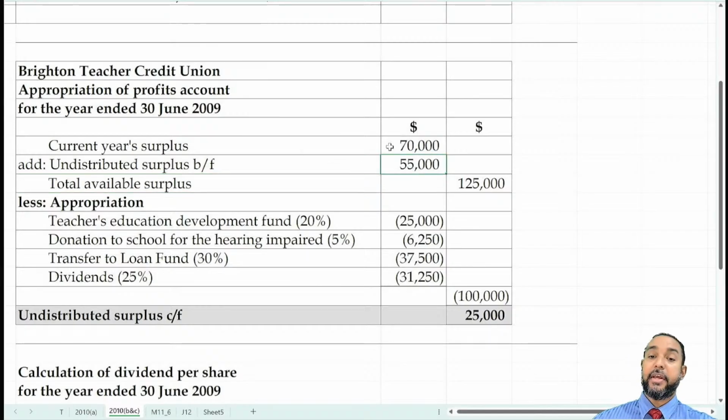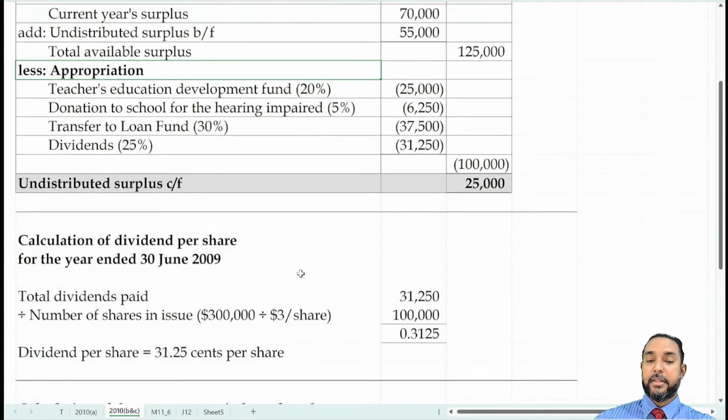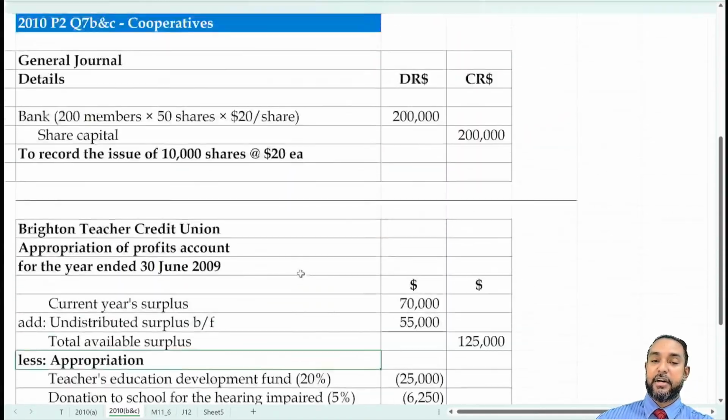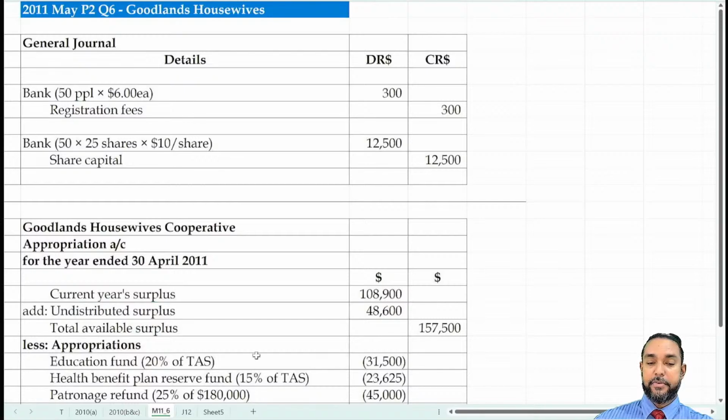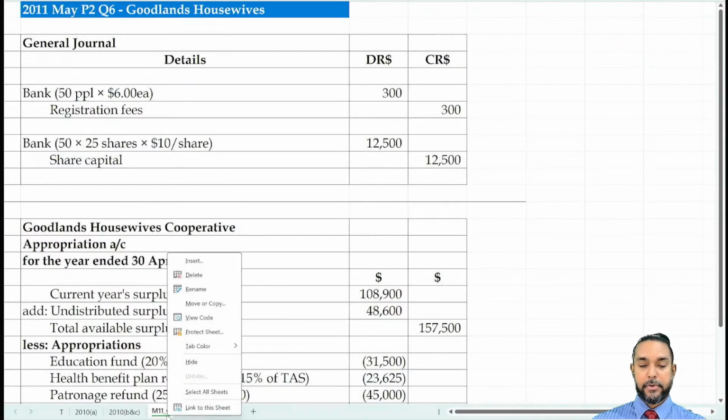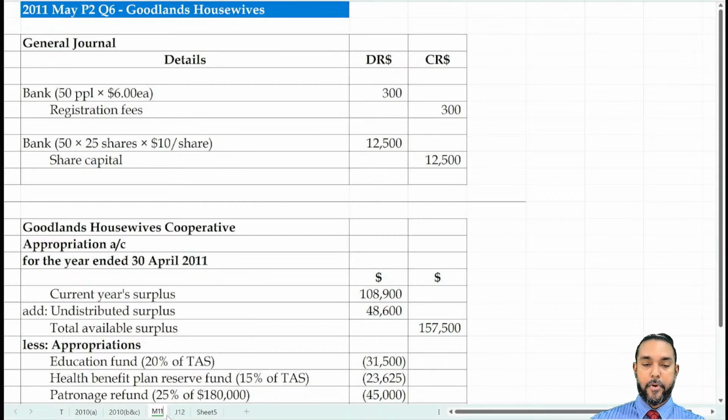Here we saw that they added the current year's surplus or profit to the undistributed surplus, or what we normally know as retained earnings or retained profits brought forward. They then distributed that or appropriated it based on percentages given in the question. Then there were a couple of extra calculations thereafter. We did another one for May 2011. Again, we had some journal entries.